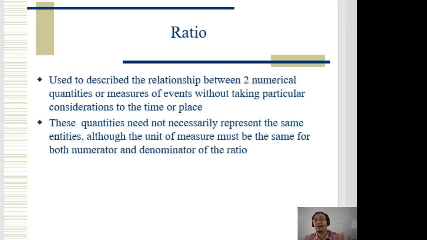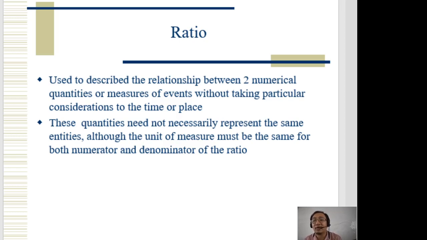So again, when you say ratio, it is used to describe the relationship between two numerical quantities or measures of events without taking particular considerations to time or place. These quantities will not necessarily represent the same entities, so the two quantities or two groups may belong to different entities.